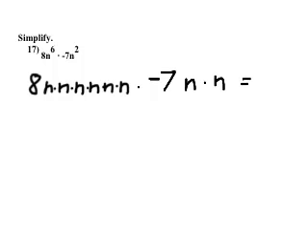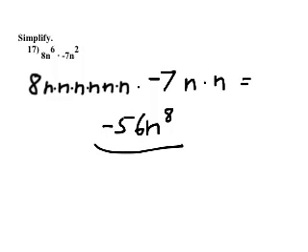So this is the easy way to do it. If you forget what the rule is, and the rule is easy, you add them in this situation. But if you forget, you count them. So we have 1, 2, 3, 4, 5, 6, 7, 8. So we have n to the 8, and then we have a negative 7 times 8, which is a negative 56. We are done.